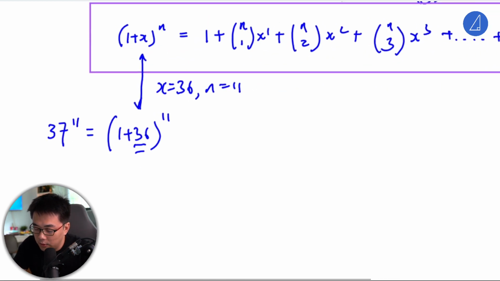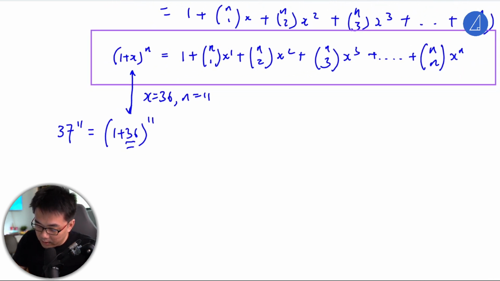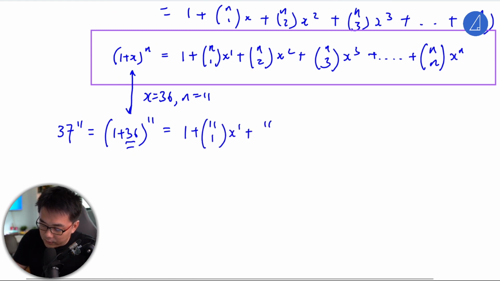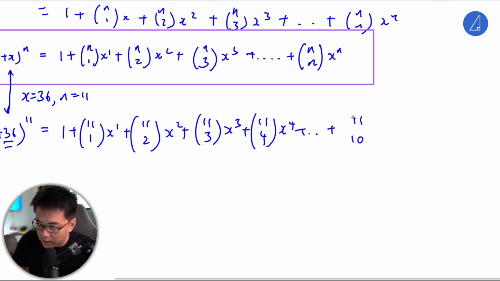So if I use this formula here, this will equal 1 plus 11C1 x^1, plus 11C2 x^2, plus 11C3 x^3, 11C4 x^4, all the way to 11C10 x^10, plus 11C11 x^11.